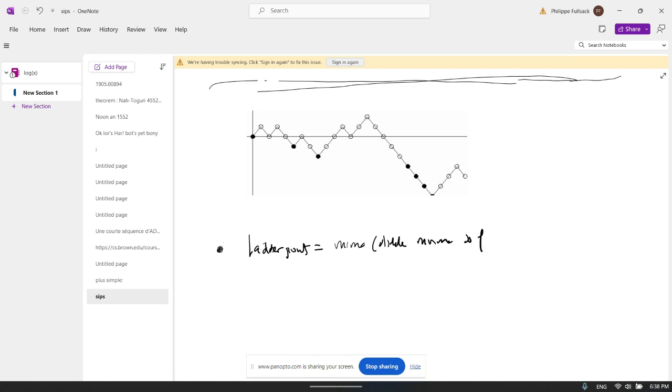Each time I beat my previous absolute minimum, I create a new ladder point. So you can see the first ladder point is there, the second ladder point is there.